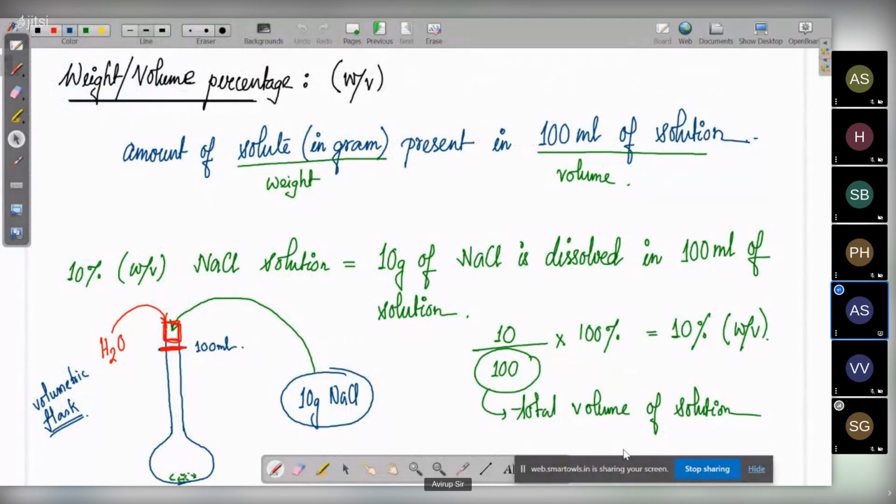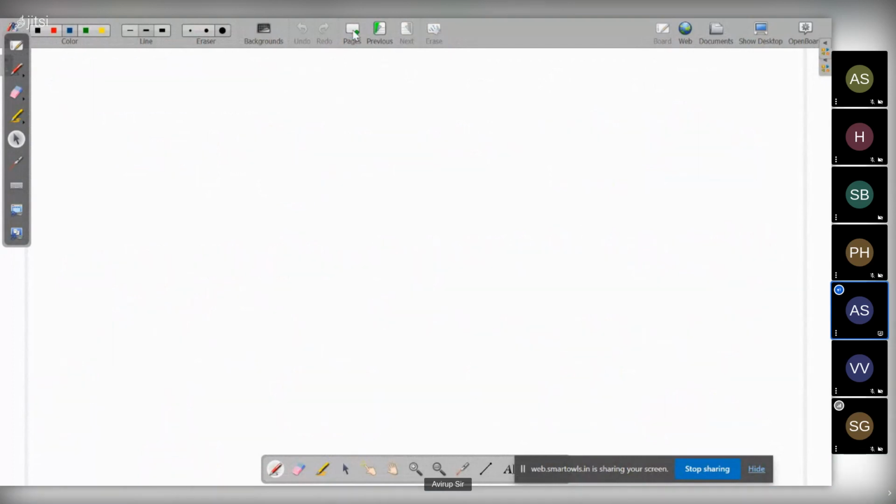So let's today move on with molarity. In the last class, we had discussed the weight by weight percentage, that means how much weight of the solute is present in 100 grams of the solution, whereas the weight by volume percentage tells us how much weight of the solute is present in 100 ml of the solution.